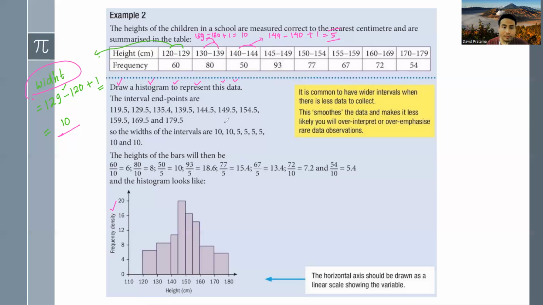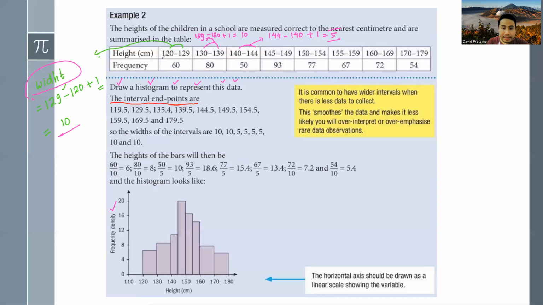First of all, you must pay attention to the interval endpoints.